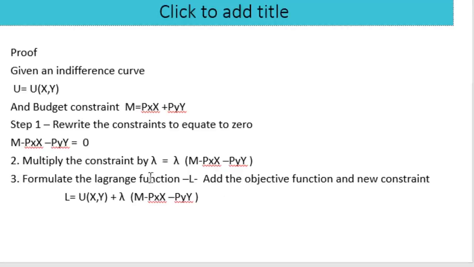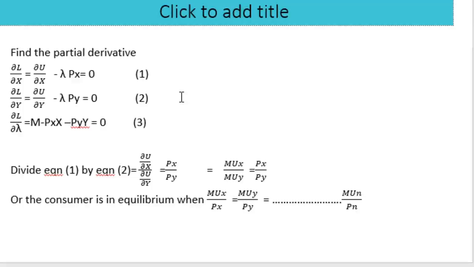How can we formulate it? By adding the objective function. This is the objective function U, a function of X, Y, plus this function. L is the new Lagrange function: L equals U of X, Y plus lambda times M minus Px of X minus Py of Y. The next step is to find the first order condition and the second order condition. The first order condition means finding the partial derivatives with respect to the three unknowns X, Y and lambda. Partial L by partial X equals partial U by partial X minus lambda Px.